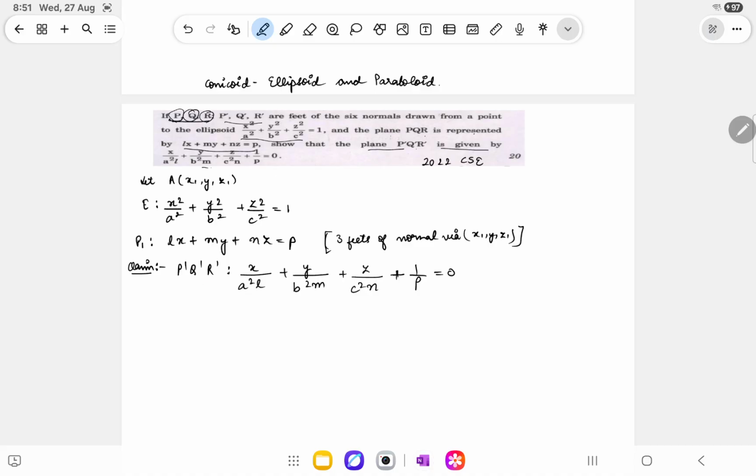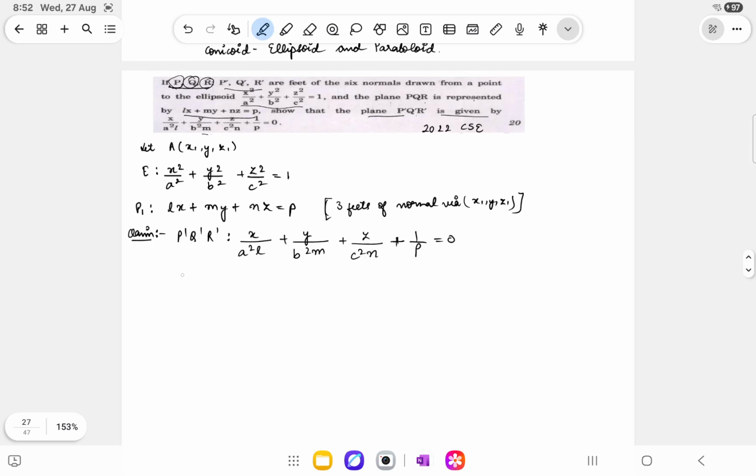So let us write the equation of normal passing via x1, y1, z1. So the equation of normal will be (x minus x1) upon x1 by a square equals (y minus y1) upon y1 by b square equals (z minus z1) upon z1 by c square.